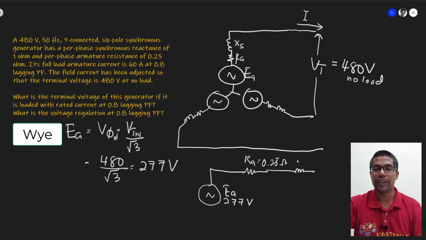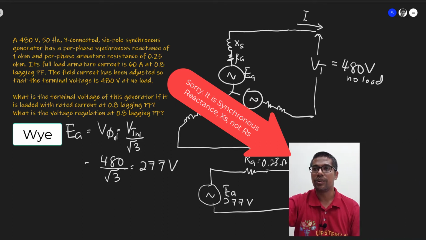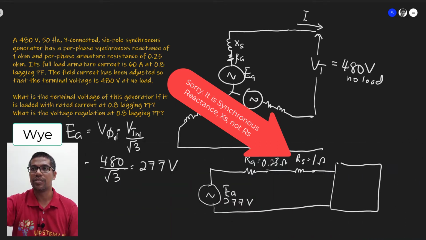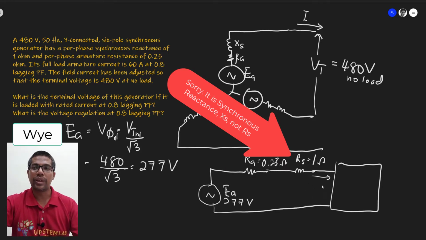We got our XS, synchronous reactance, at 1 ohm. Then you got your load. This is the load. And now the current. The current what we have now is 60 ampere at 0.8 lagging power factor.